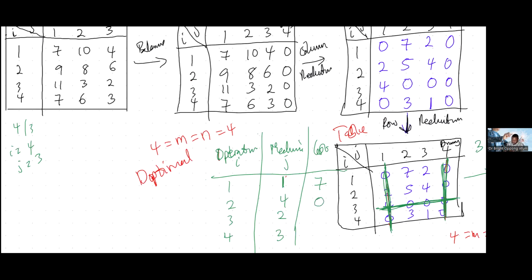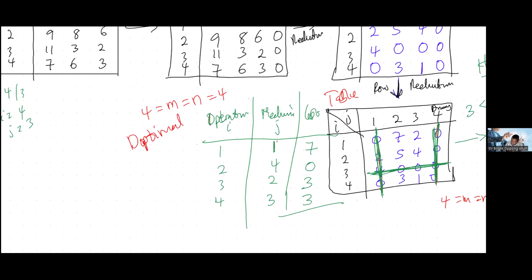So it means that we do not assign him to any machine. 3 is assigned to 2, and the cost is 3. 4 is assigned to 3, and the cost is also 3. So the total cost here will be 7, 10, 13. Yeah, it will be 13.